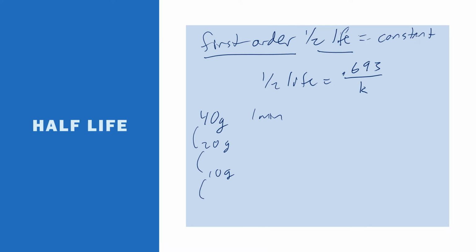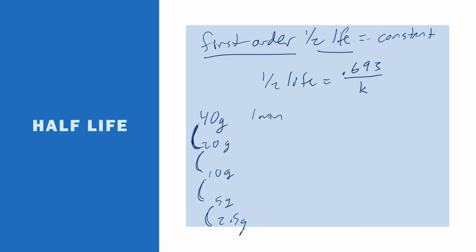After another minute, 5 grams left. After another minute, 2.5 grams left. So each one of these cuts takes 1 minute: 1, 2, 3, 4 minutes. So it takes 4 minutes for 40 grams of that substance to decay into 2.5 grams. So that's kind of like the basis of half-life there.